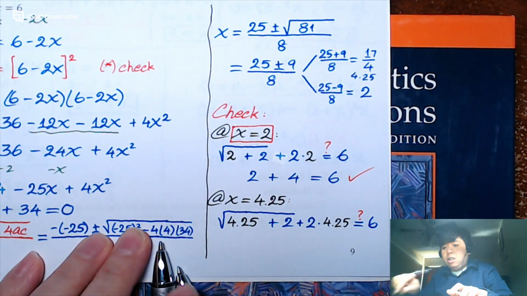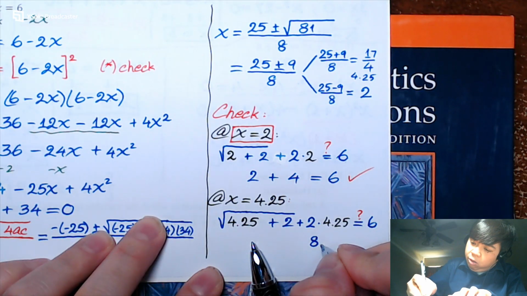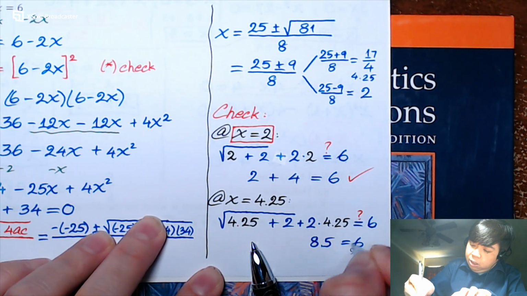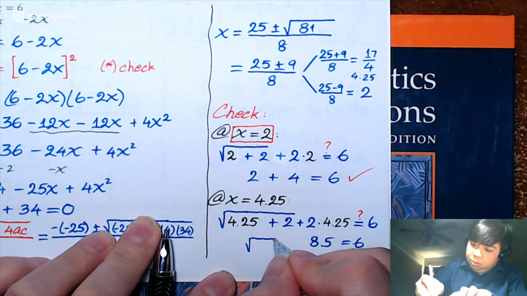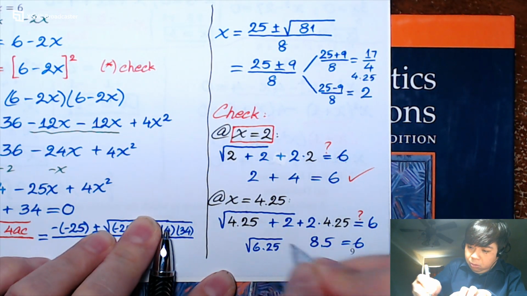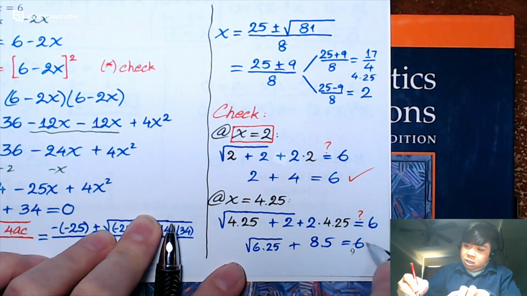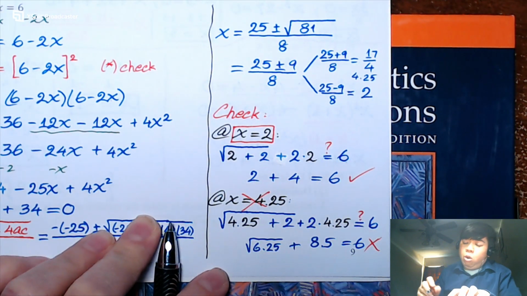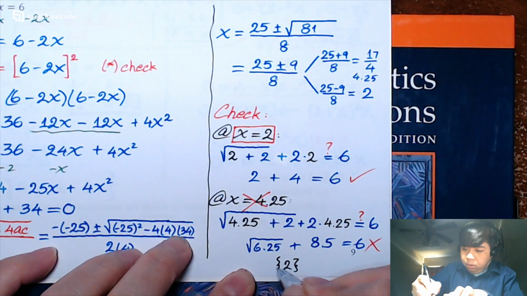Well, I can tell you that 2 times 4.2 is 8.5 already, and it doesn't matter what this is, it's going to be positive. So that positive 8.5 is not going to be equal to 6. So we only have one solution, x equal to 2.